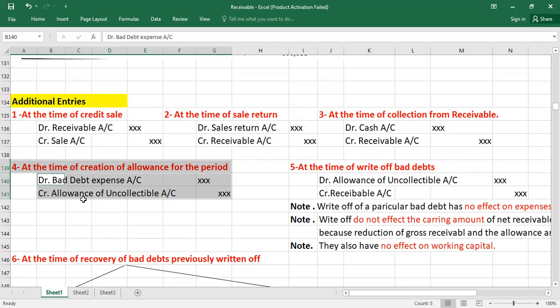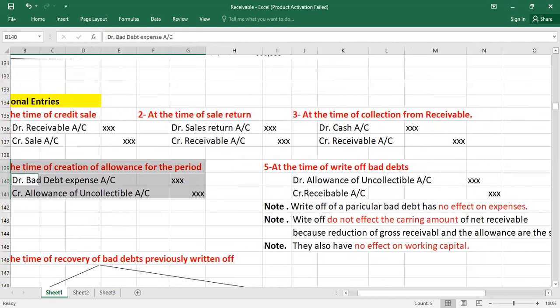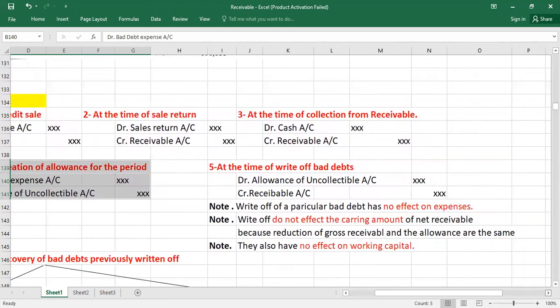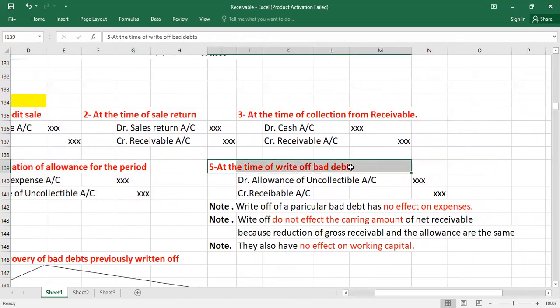And this entry we studied under the income statement approach and under the balance sheet approach. Here guys, this is a really important point to solve the theoretical questions also. Write off means it is sure that you are not going to collect certain invoices. Maybe the customer went bankrupt, maybe he left the country, maybe he is dead, I'm just assuming, god forbid.